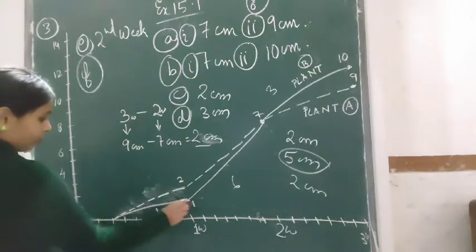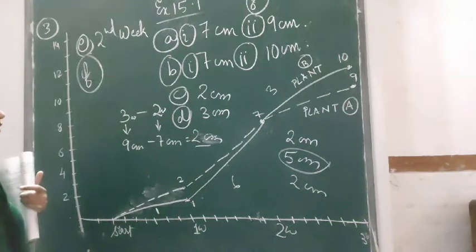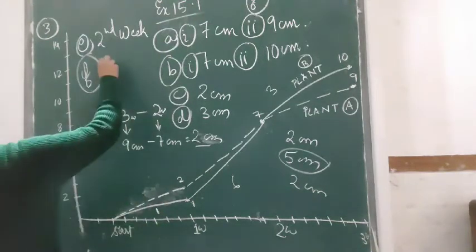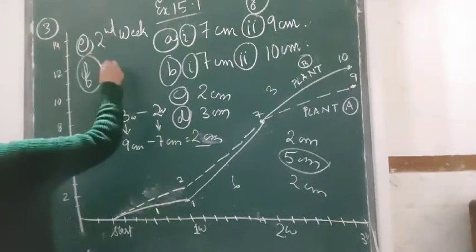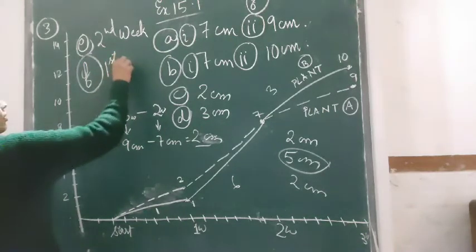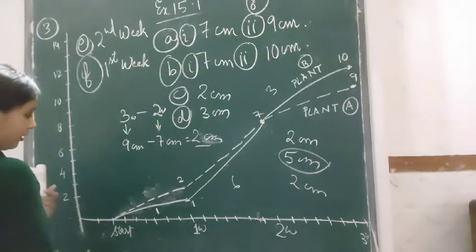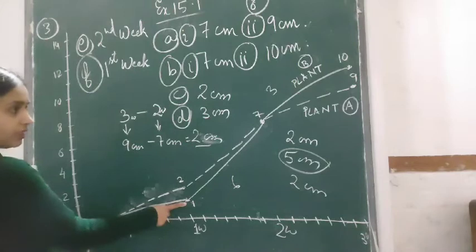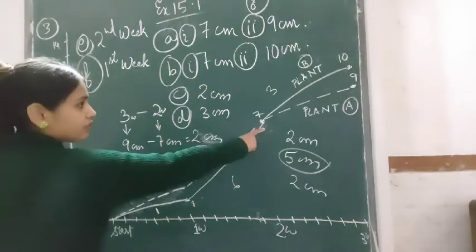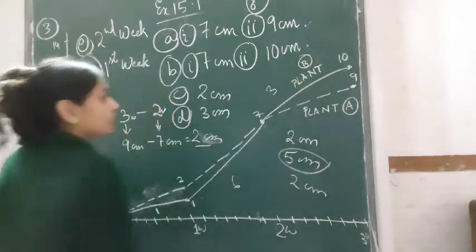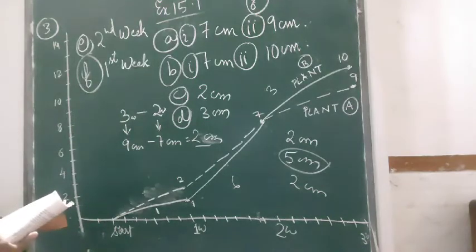So I think during the first week it grew the least. So the answer for F will be first week. It grew only and only for 1 centimeter. Here it grew for 6 centimeters. Here it grew for 3 centimeters.